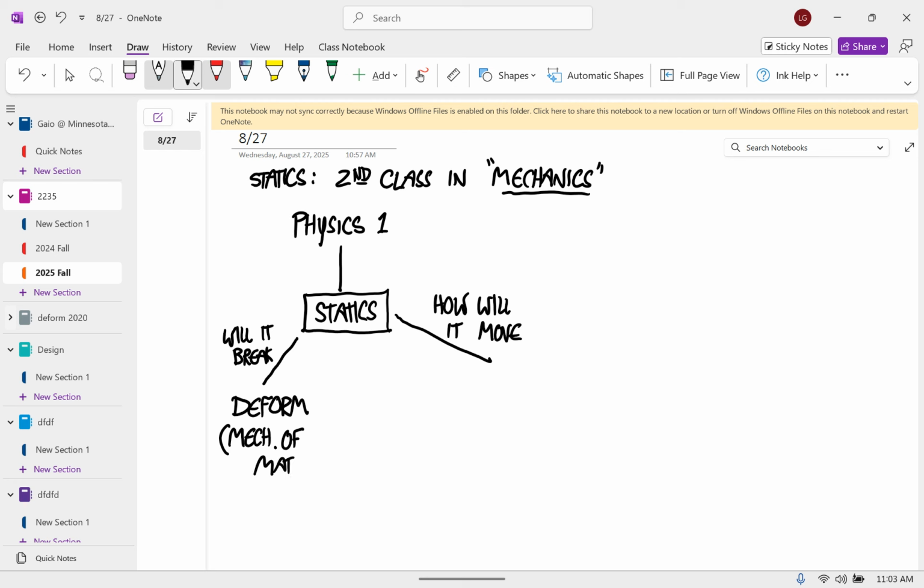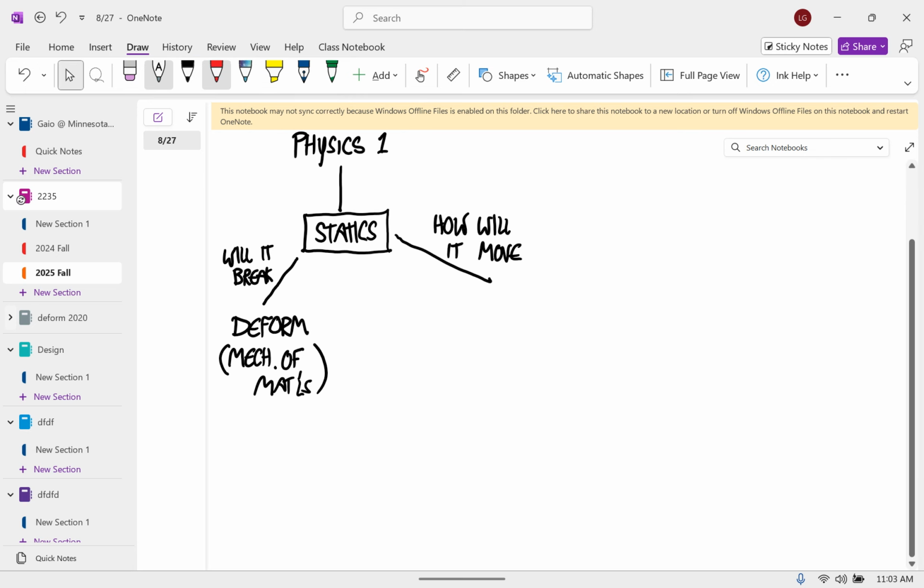So if you transfer and see mechanics of materials, it's the same thing as our deform class. We call it deform because the U calls it deform, and that's where most of our transfers go. We teach deform in spring, and probably half or more of you will take deform this spring.